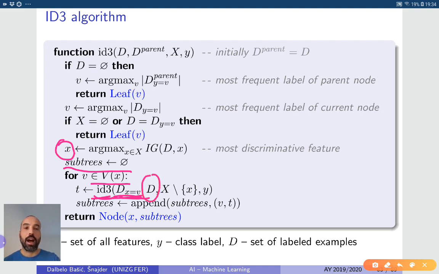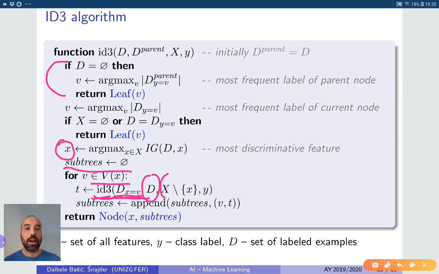In D here, I am giving the algorithm the data set which is not split, so it's going to correspond to the parent node dataset, which I need for this case here, if you remember.